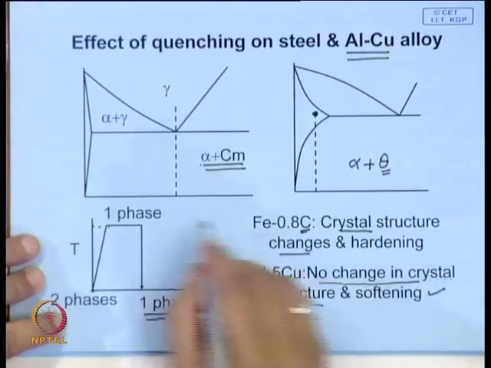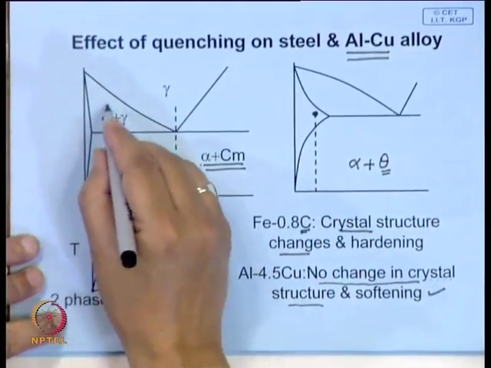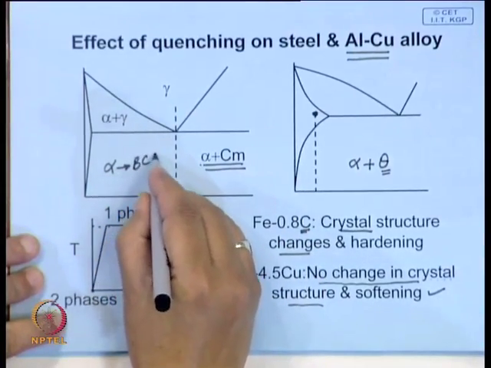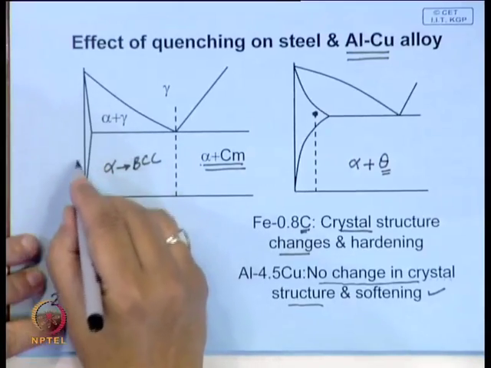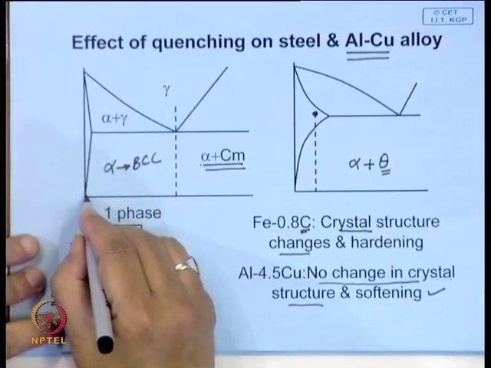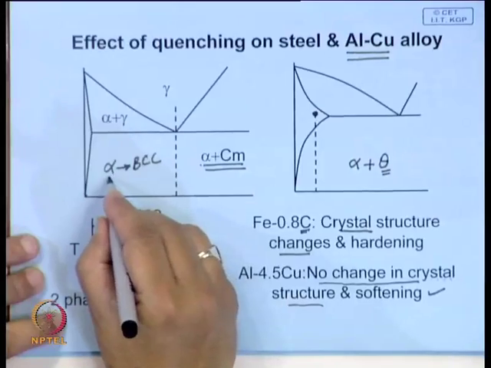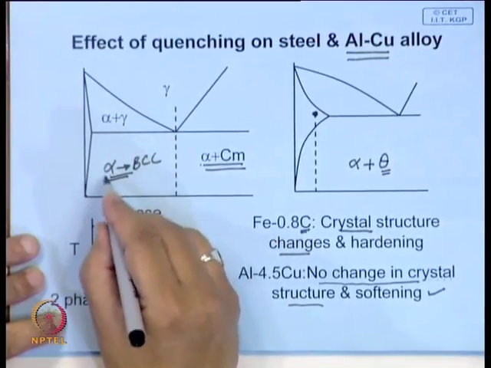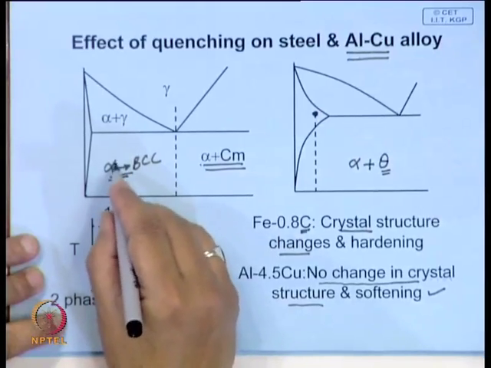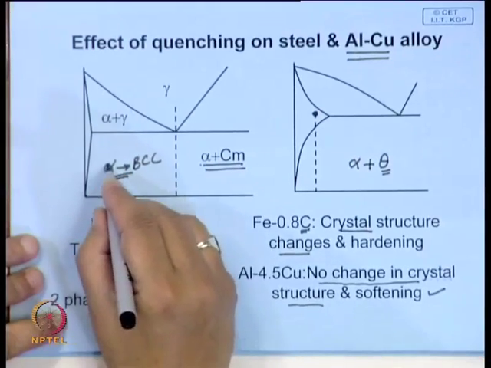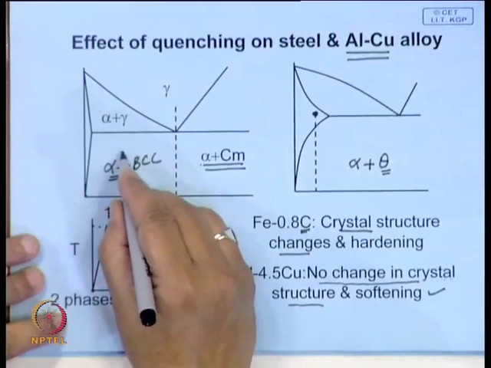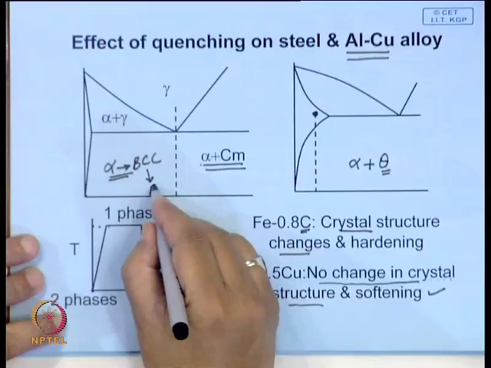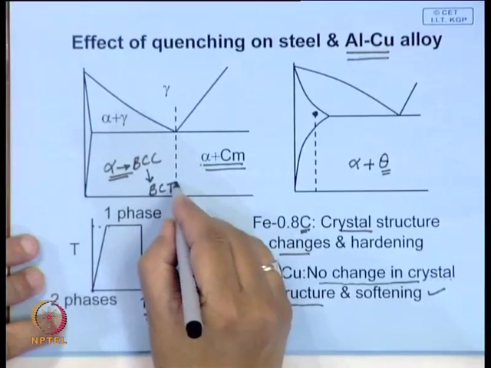Normally ferrite is BCC, and if you look at the solubility at room temperature, it is virtually negligible, but if you quench, you are keeping almost 1 atomic percent of carbon in the solid solution, and then this lattice gets distorted and changes to a body centered tetragonal structure.